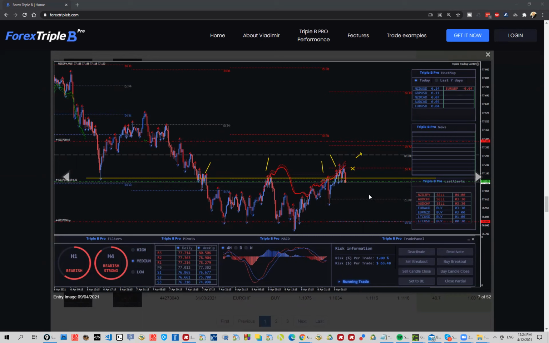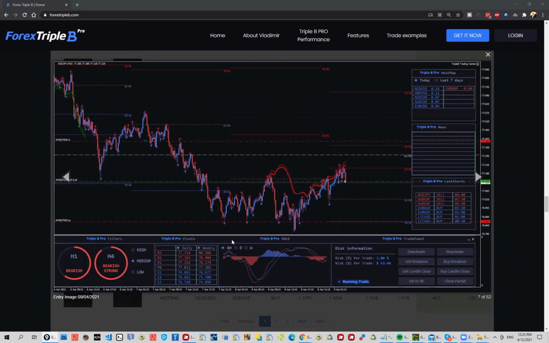Pivots and supports and resistances here supporting you. You have a price action level. This is where the closing prices are. You can extend it a bit to the downside, but overall this is the zone. And as long as the price is here, you want to be looking for sells, okay? So that's pretty much how I see it. Now, in terms of structures, I don't know how to call that.